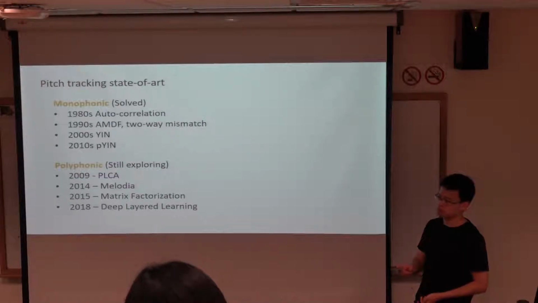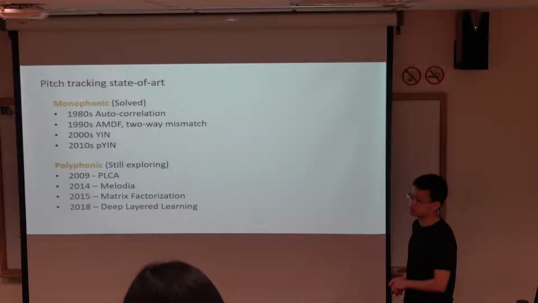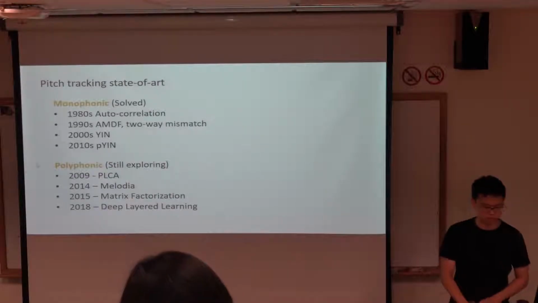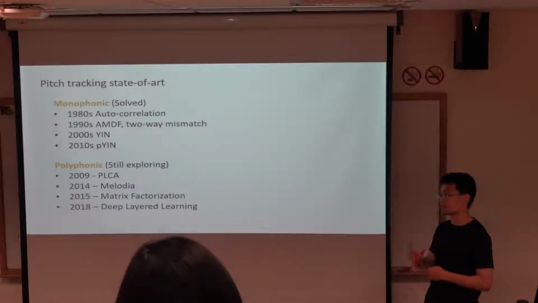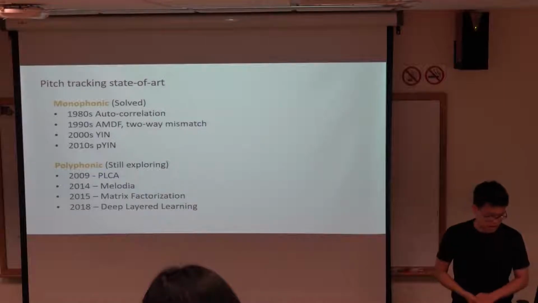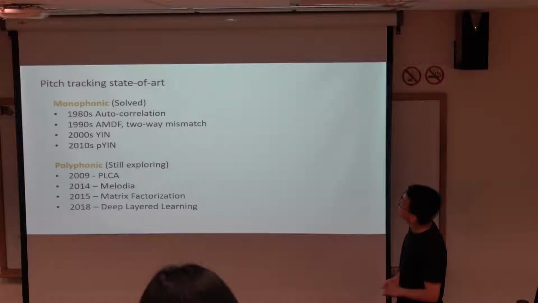That means only one person singing or only one music instrument playing, no background, right? And polyphonic is the opposite. Several people are singing together, and a band is playing. That's all polyphonic. And monophonic problems are basically considered solved today.